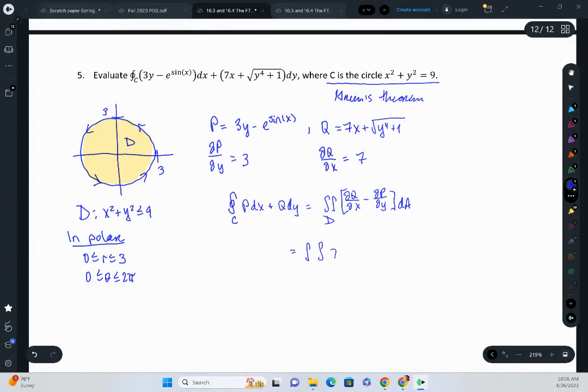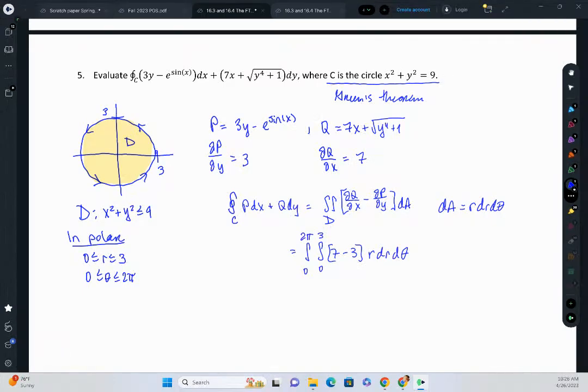I'm going to get my 7 minus 3 in there. And since dA is going to go to polar, we have r dr d theta, right? I'm putting r in the inner integral, so it's 0 to 3. Outer integral is for theta, 0 to 2 pi.